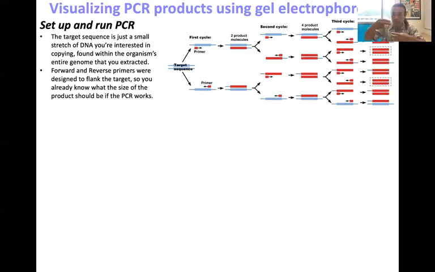At that point, you would have 2 double-stranded DNA molecules. That's the end of one cycle. Then you go back to the start, you heat up both of those again so they separate, et cetera, et cetera. So here we have 3 cycles of the PCR program, and starting from 1 molecule, you end up with 8 molecules.